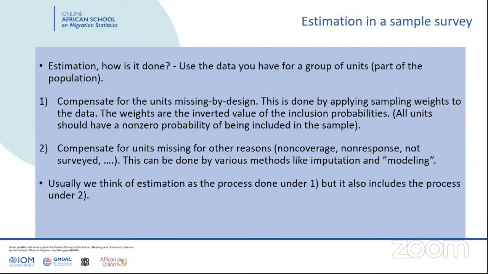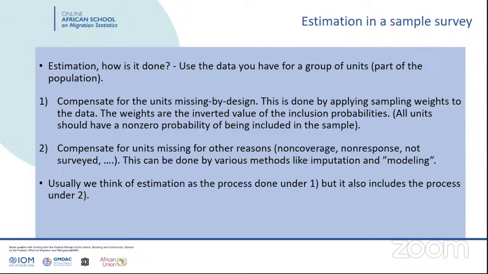So estimation, how is it done? Well, we have our group of units, a small group of units, it's just a small part of the population. And what we do is to compensate for a unit missing by design, those missing at random. What we do is to apply sampling weights to the data.